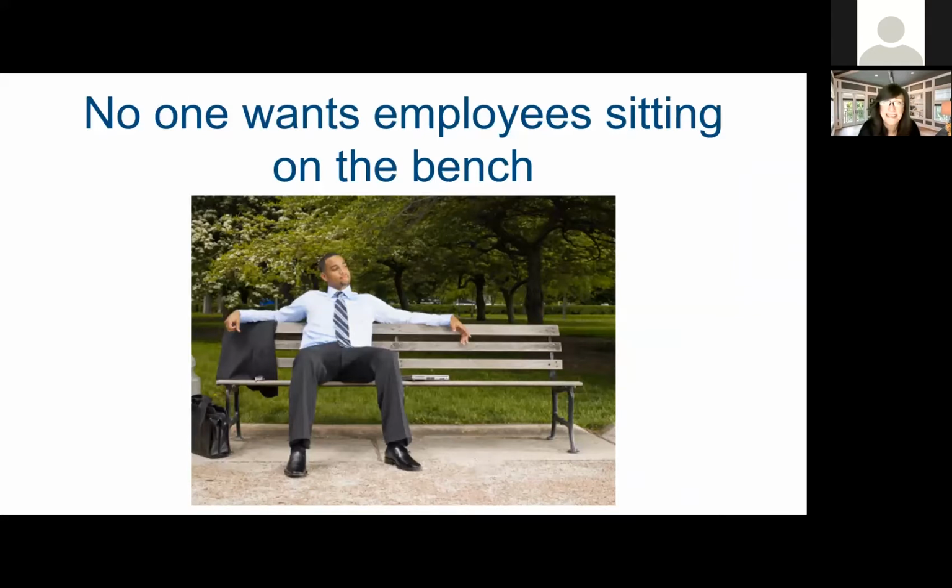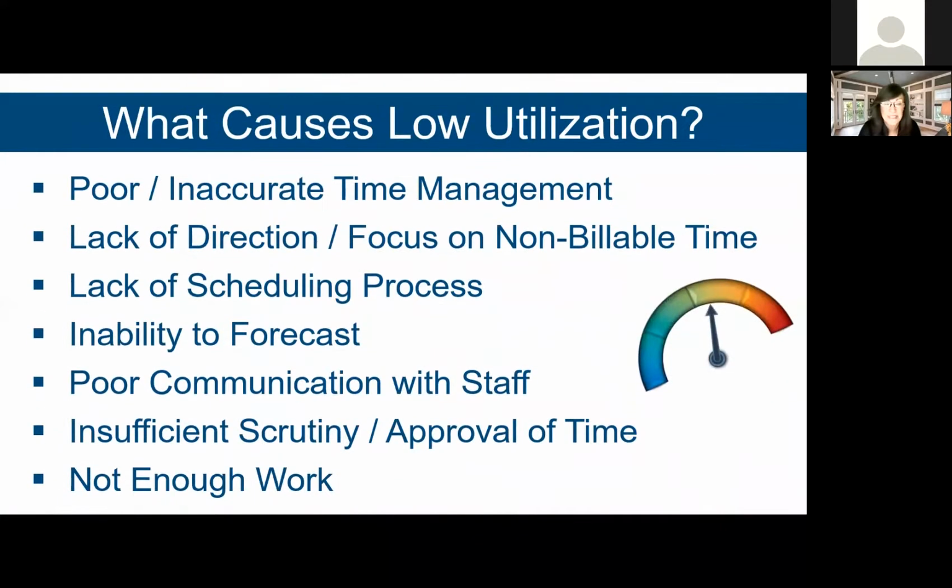And so hopefully I'm going to give you the real steps that you need to take. So, in thinking through what causes low utilization, these are the main factors that I've listed here on the screen. First of all, poor or inaccurate time management. And this really goes to two things. It goes to the time management of your staff in terms of how they use their time.